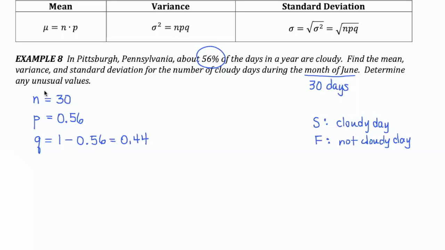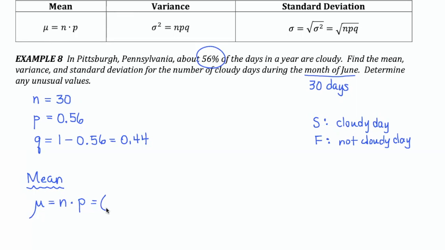And then once you have those 3 values, you can calculate these 3 statistics quickly and easily. So here we go. For the mean, the only thing I need to do is multiply the number of trials I'm looking at times the probability of success.